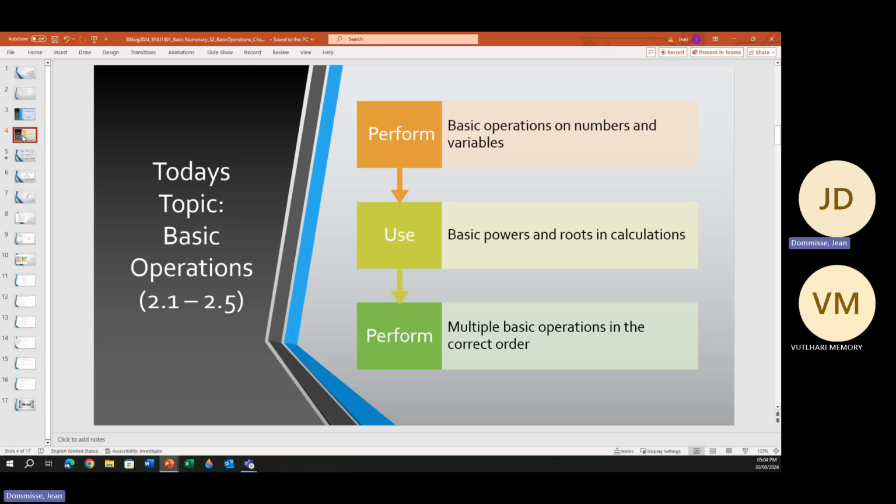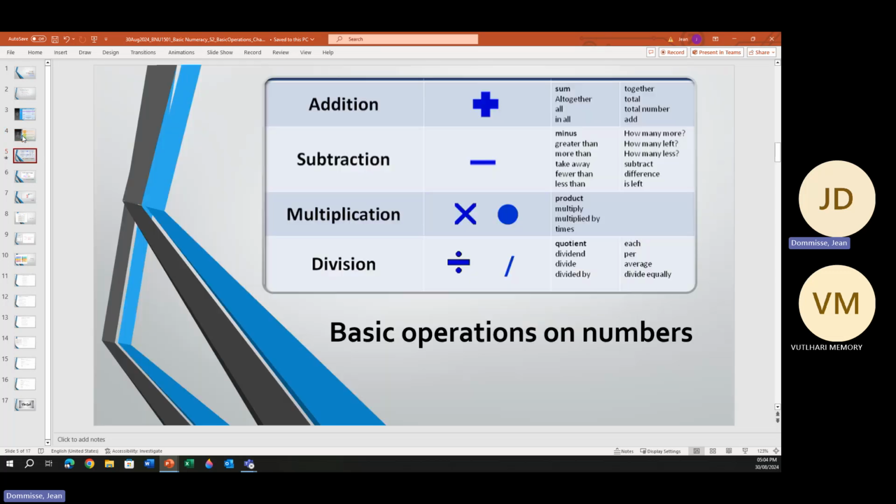Then we will need to look at the order of operations: what you do first, what you can cancel out, and what you can't cancel out. That is how we will look at the basic operations.